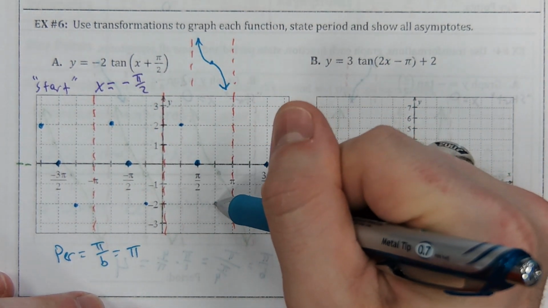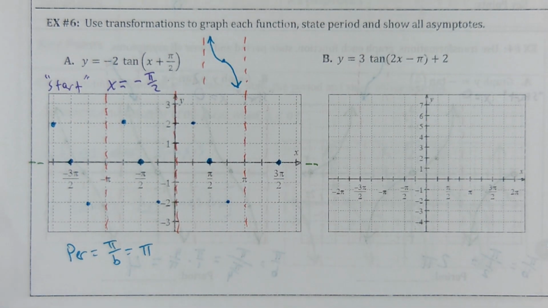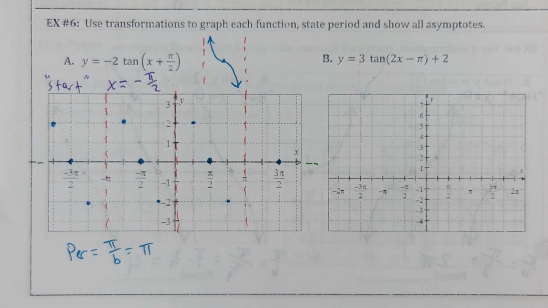Make sure you are always watching the scale. It just so happens that my y values were going by 1s, but they didn't have to. Just pay attention to the scale. Don't just count tick marks, please. There we go.